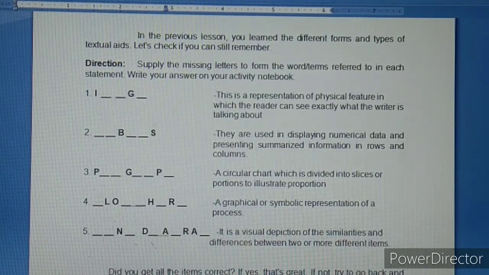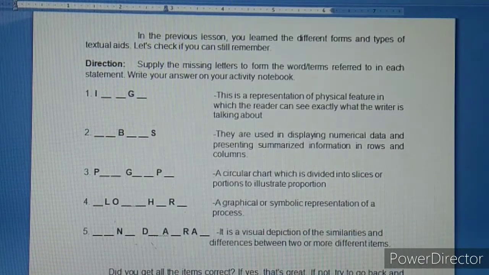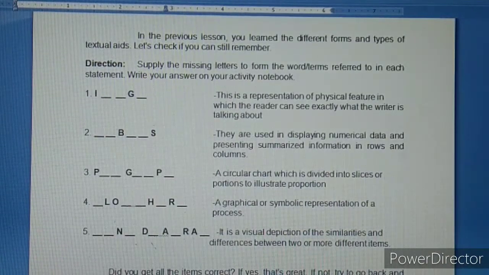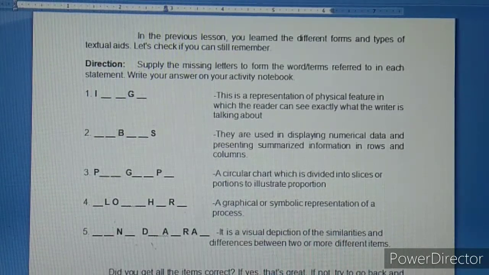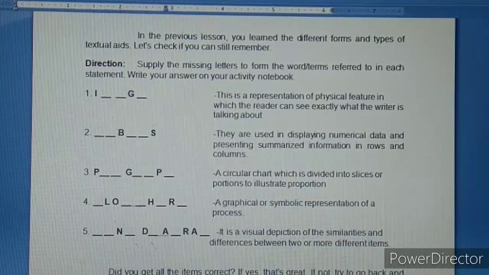Number 4, L, O, H, R. It is a graphical or symbolic representation of a process. What do you think is the correct answer? Of course, it is flow chart. Now let's move on to number 5. It is a visual depiction of the similarities and differences between two or more different items.